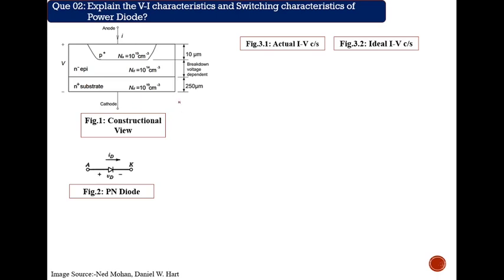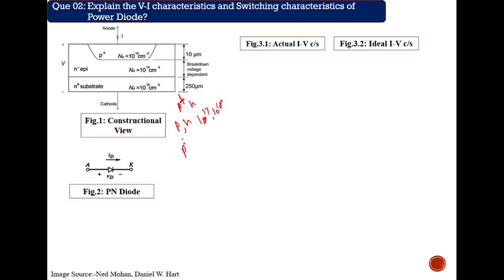In the signal diode, there are two layers, P plus and N plus only. What is the meaning of P plus? If I am talking about P and N only, their doping level is near 10 to the power 17 or 18.